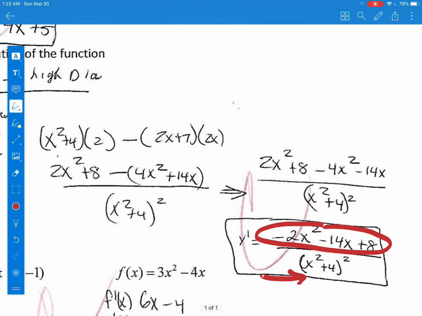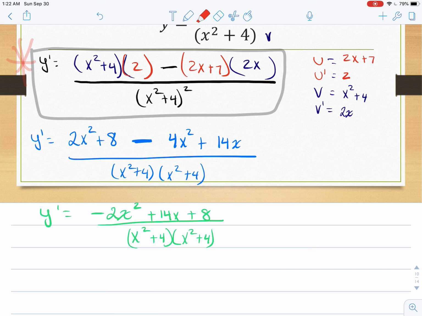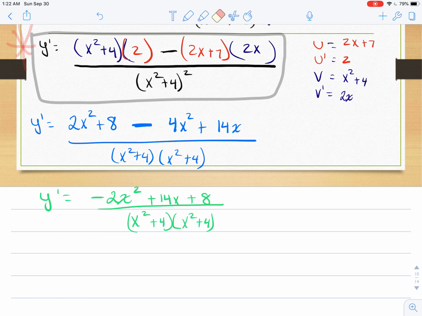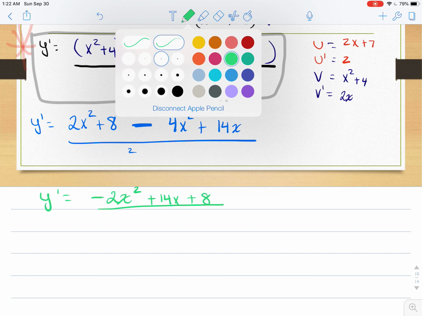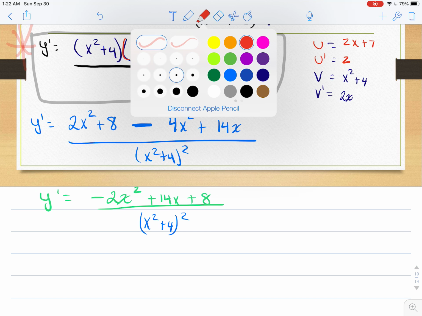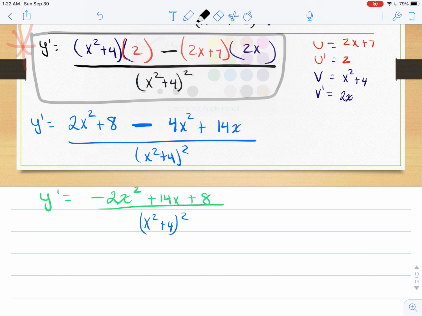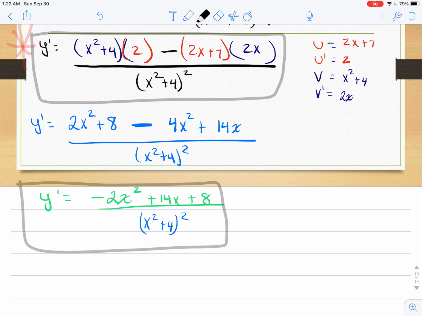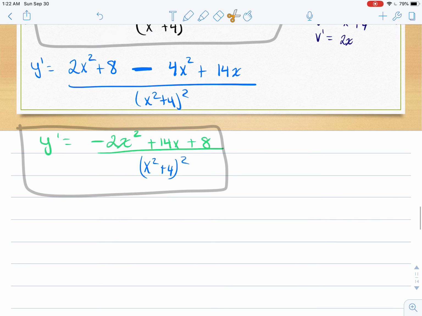So I can expand it out, but let's leave it just how I did it here. So let's reverse this and reverse this. Right? So again, both of these are correct answers. Just this one, I simplified it more to a more reasonable answer.